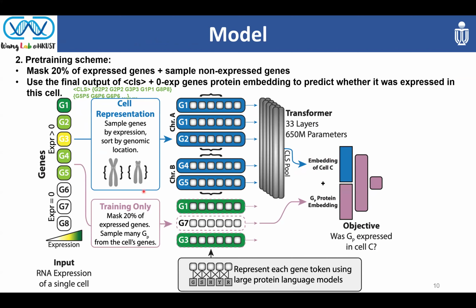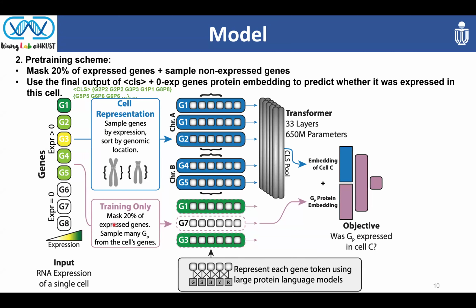And from this cell, for the pre-training part, they will mask 20% of the expressed genes. Mask means sample them and then change the expression value to 0. It is a mask, but it can be regarded as 0. Like here, G1 and G3 are expressed genes, but here we mask them.